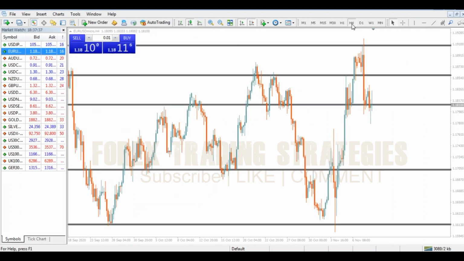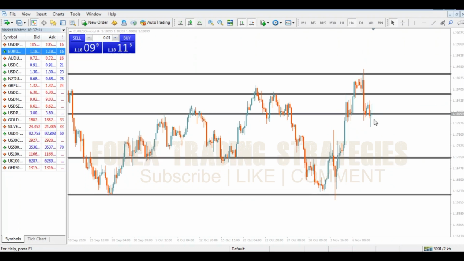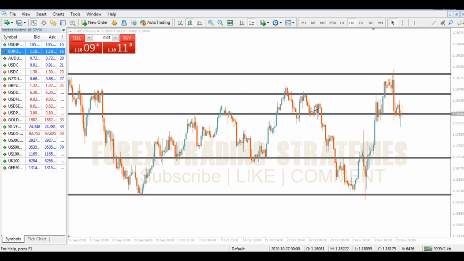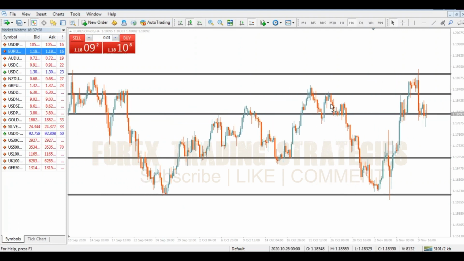So then we drop down to the 4-hourly. This strategy mostly works with people who are trading the 1 hour and 4 hour. If we drop down to the 4-hourly, you can see what's happening.